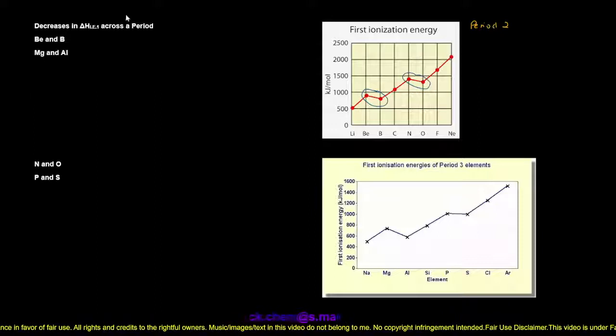So I'm going to go ahead and write in the electronic configurations for our elements, and we will then look at the electronic configuration to figure out why there's a decrease in this first ionization energy.